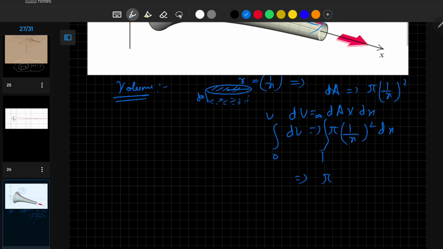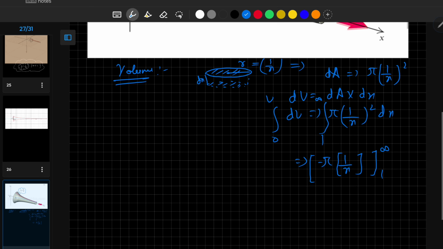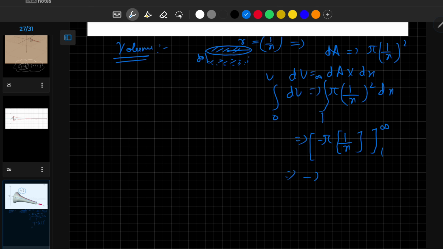So the integral would be negative 1 by x from 1 to infinity, minus pi, minus pi times 1 by infinity minus. So volume is pi units.